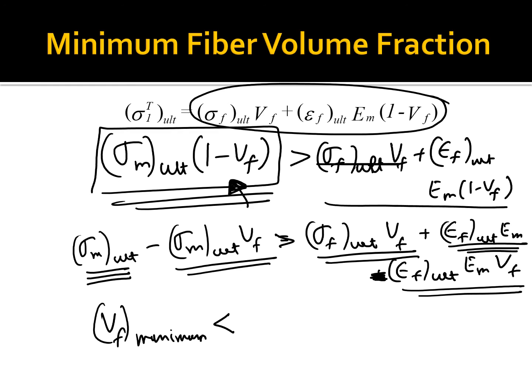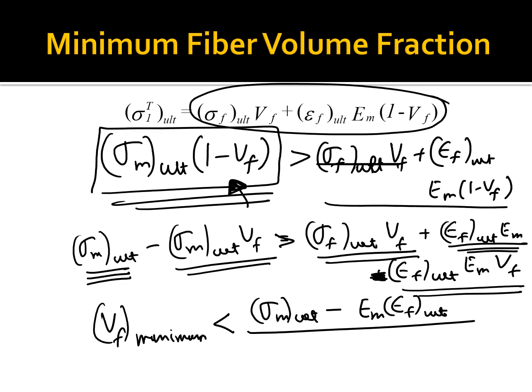It is given by sigma M ultimate minus Em epsilon F ultimate, divided by the quantities which have the Vf in it: sigma F ultimate minus Em epsilon F ultimate plus sigma M ultimate.